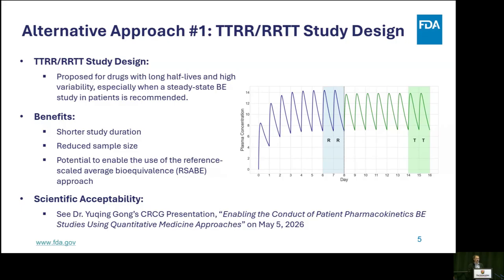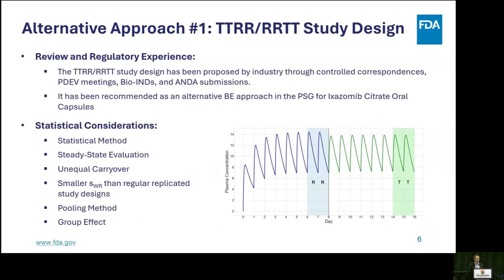It has a lot of benefits: shorter study duration, reduced sample size, and potential to enable the use of the RSABE approach. We have reviewed this study design, proposed by industry through controlled correspondence, pre-ANDA meetings, pre-INDs, and ANDA submissions. Reviewers are getting more and more familiar with this study design.